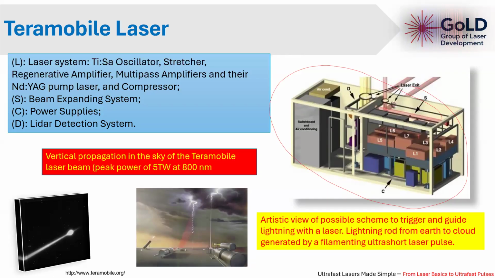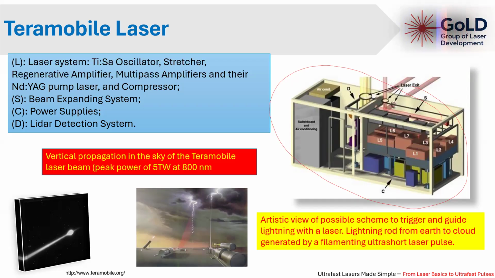A very high power filament is generated. Filament means that when a very intense laser passes through the air, some kind of ionization happens, and we see that as filamentation.